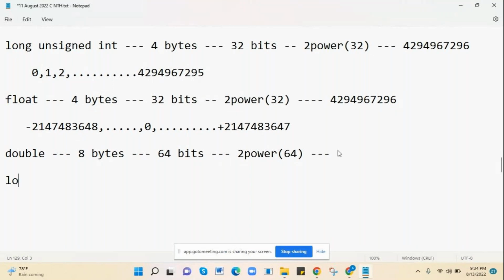Next again long double. It is 10 bytes. 10 bytes means how many bits? In each byte it is 8 bits, right?